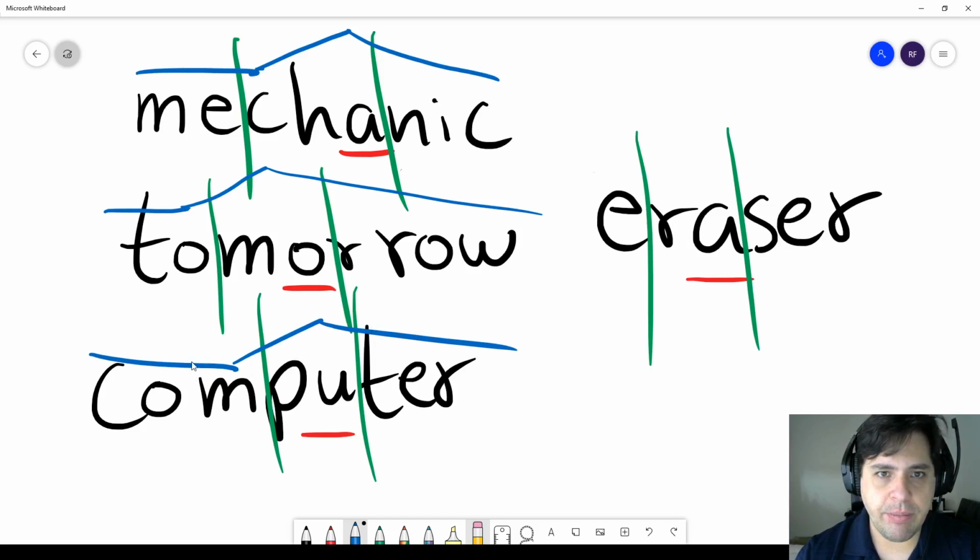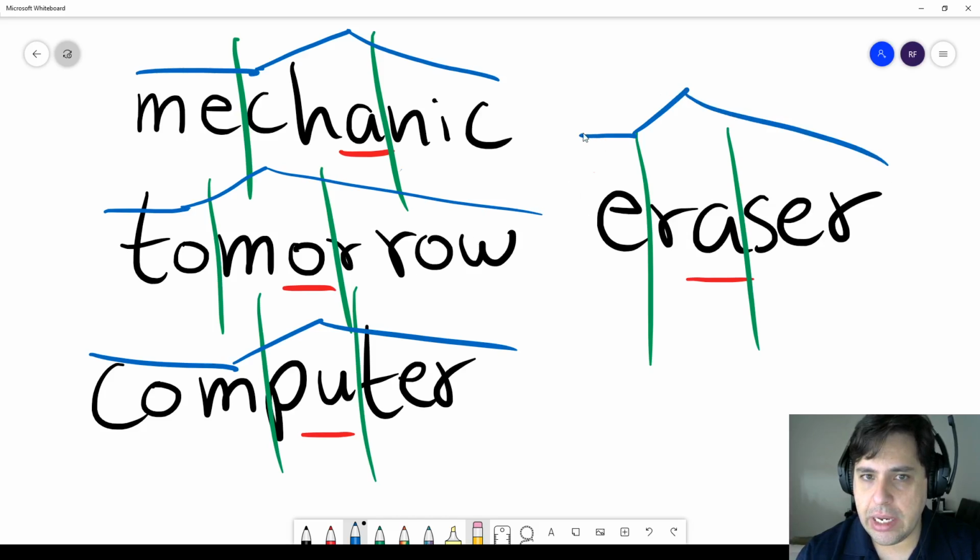Computer. Eraser. Eraser. Okay? Mechanic, tomorrow, computer, eraser. Okay?